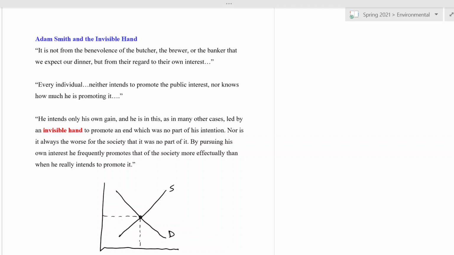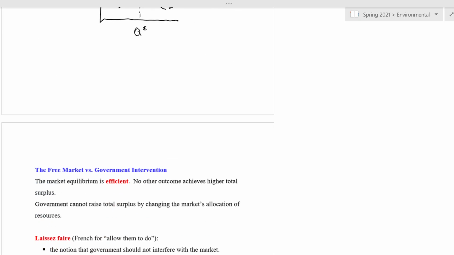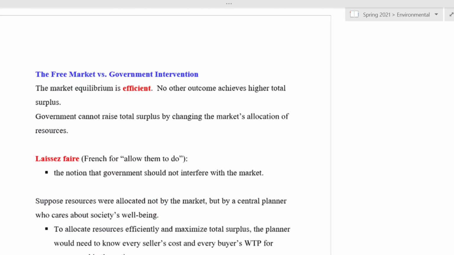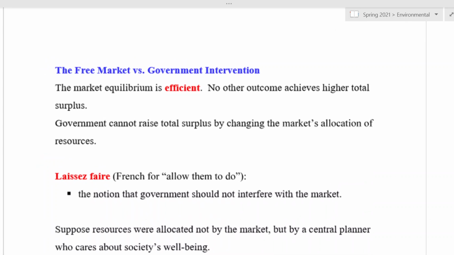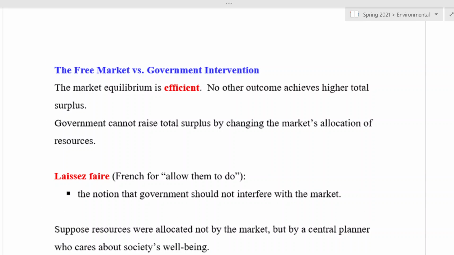And we're going to end up with the most efficient equilibrium price and quantity of goods, such that the people with the highest valuation of the good buy it, the people with the lowest costs produce it. Okay, and so no other outcome achieves higher total surplus.